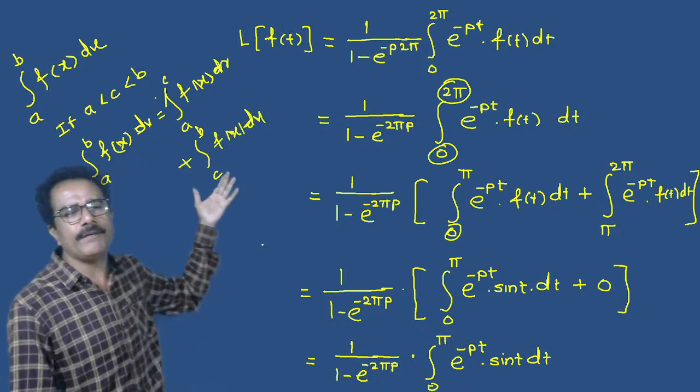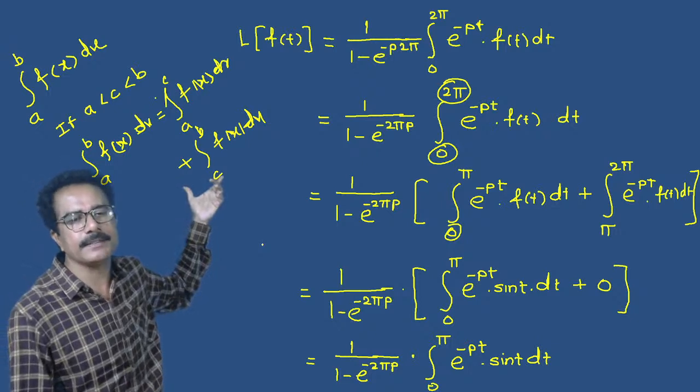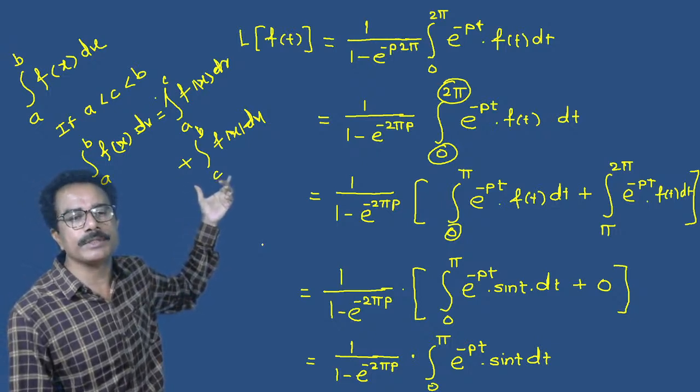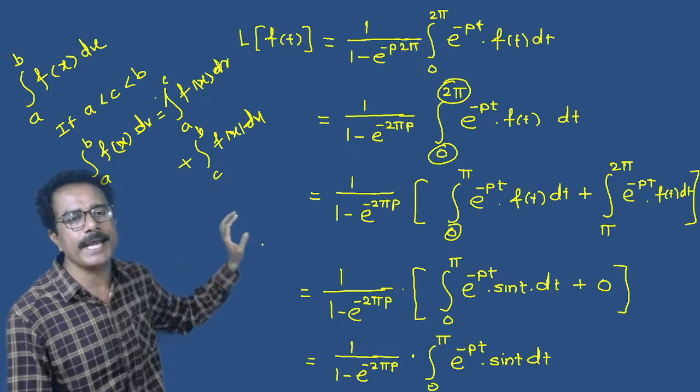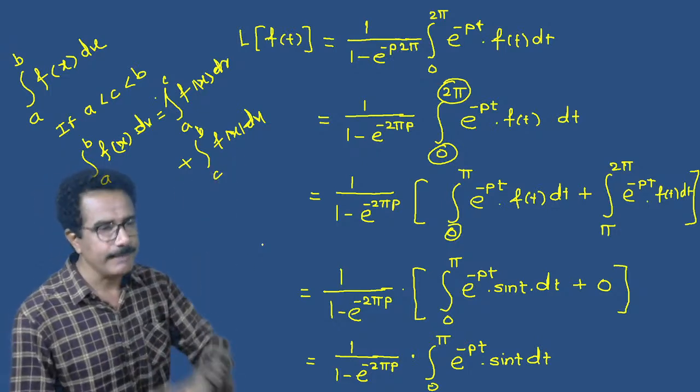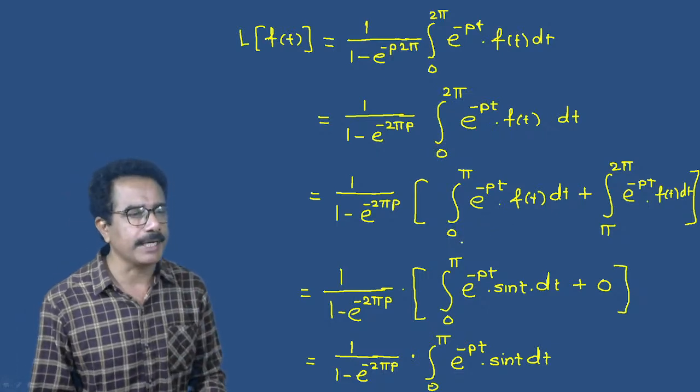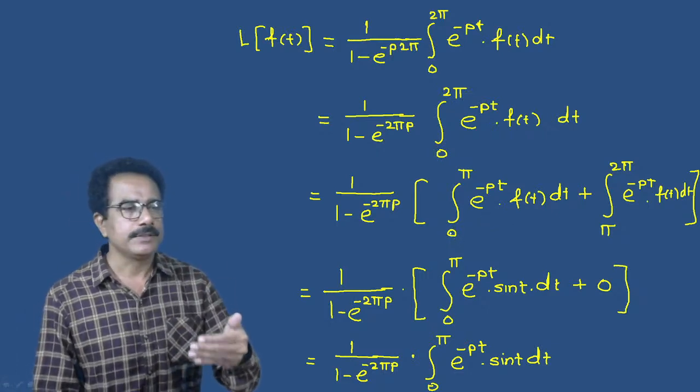This is the property of definite integral which distributes the integration at an in-between value. If c is in between a and b, then we can distribute this. Okay. So according to this property, we have to distribute it at pi.